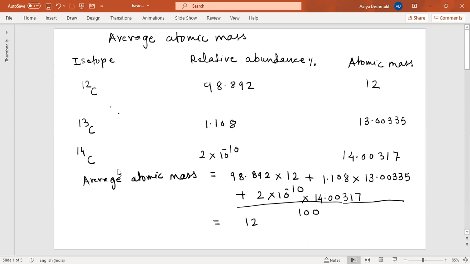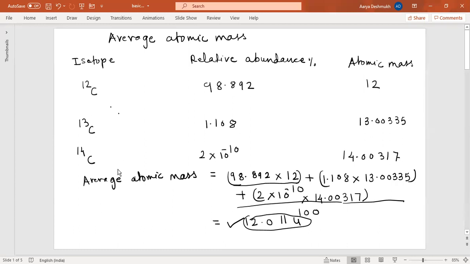If you solve this whole thing, this plus this one and this, you'll get the answer 12.011 units. So this is nothing but the average atomic mass which we take generally while solving problems based on the molecular mass or the atomic mass of the carbon atom.